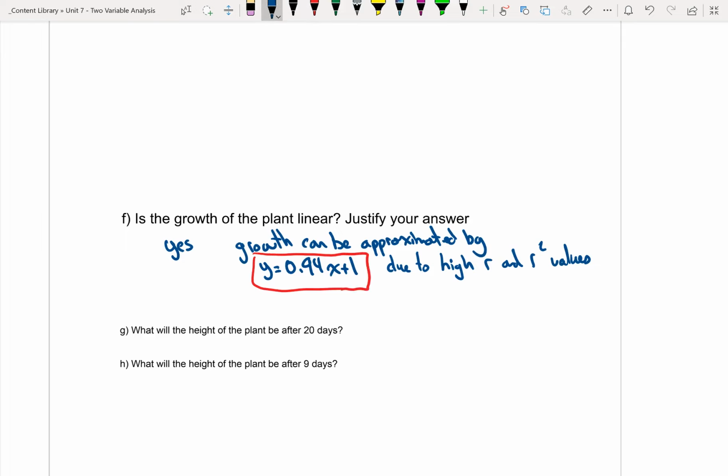For g, what will the height of the plant be after 20 days? So this is something that you can use the equation or the graph for. If you're on the graph, you might have to expand out to look at 20 days and just go up to the line of best fit. Or you can use the equation, because we know that y represents the height or the dependent variable, and x represents the days.